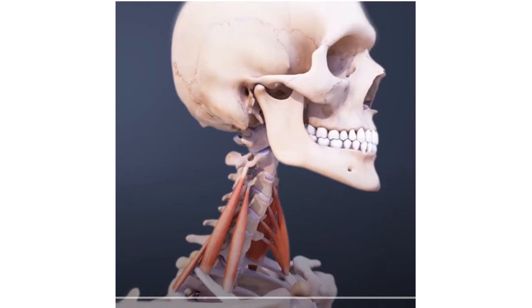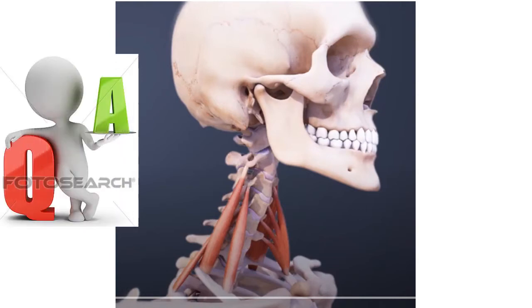The question is, what is this area? It is a lateral view of the skull sitting on the cervical part of the vertebral column, and lower down we can see the thoracic inlet, the upper few ribs, and we can see 3 muscles. This is the first one.